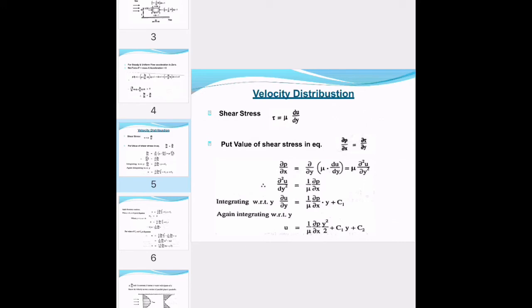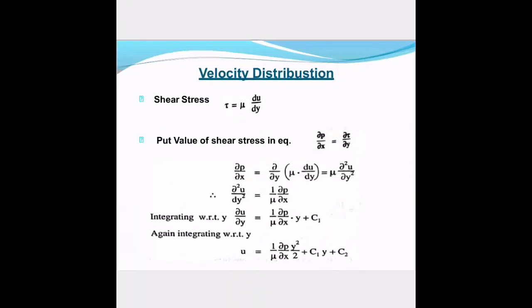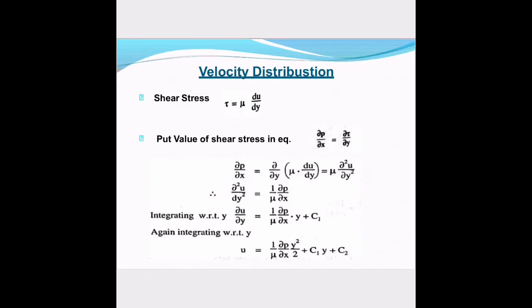So the boundary condition is if y equal to 0, u equal to 0. That means velocity will be 0. Next condition is at y equal to t. That means the fluid element is at the upper plate, so if y equal to t, then u equal to 0. So these two boundary conditions we have to consider. Is this clear to you?